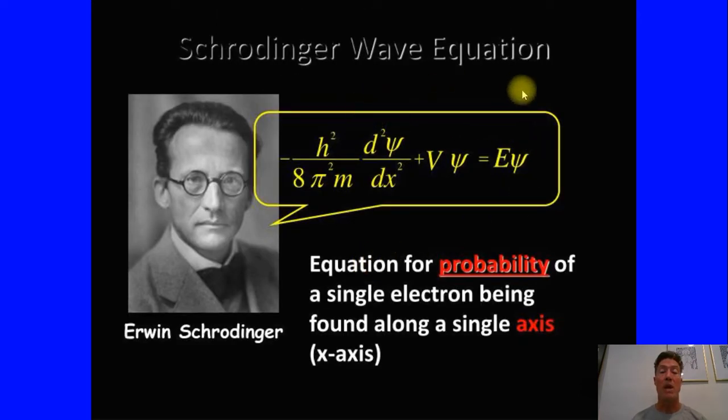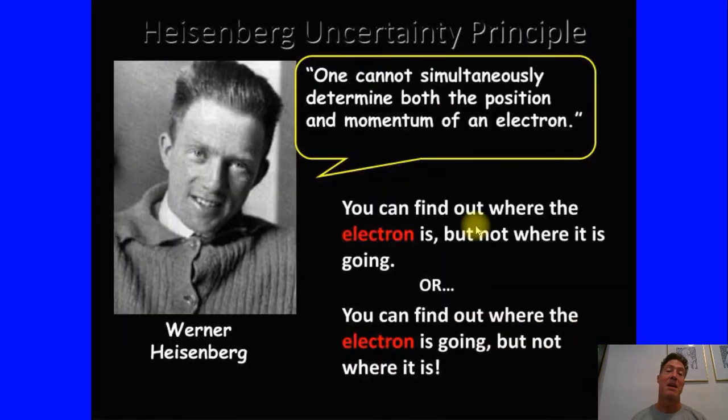Here's Schrodinger's wave equation that shows the probability of a single electron being found along a single axis. Happily, we don't have to worry about that. You may have heard of the Heisenberg uncertainty principle, which says we can't simultaneously find both the position and the speed of an electron. So you can find out where it is, but not where it's going, or you can find out where it's going, but not where it is.